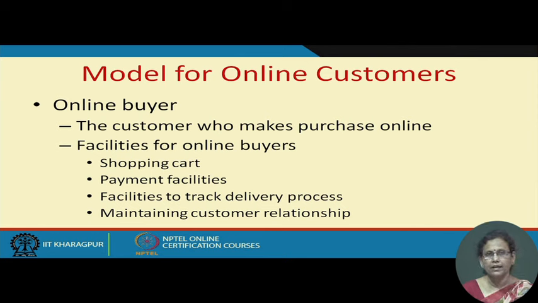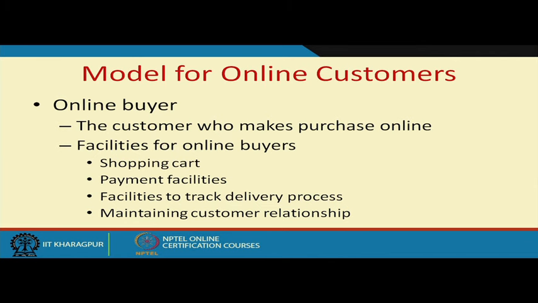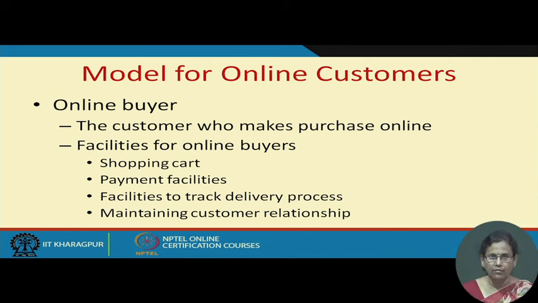It is a facility where you can add your products just like your physical shopping cart. Then you should have a payment facility, connecting to a payment gateway for paying after he puts the items in the shopping cart.